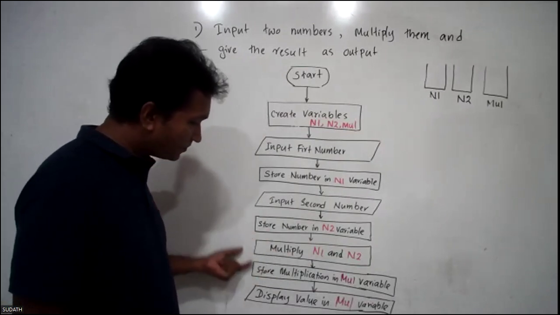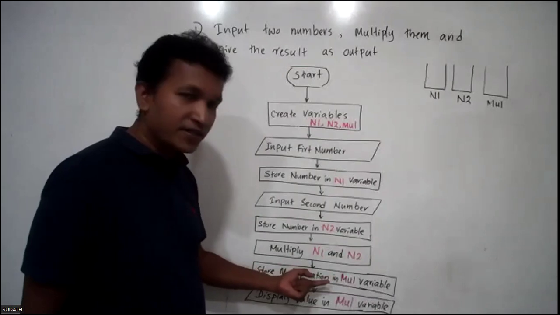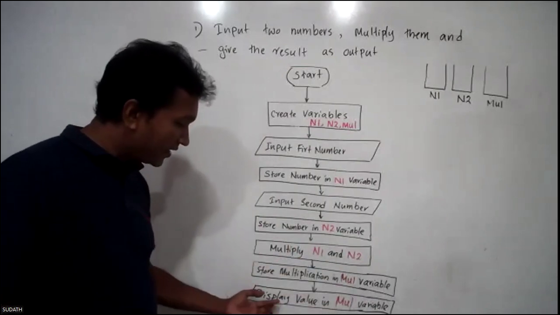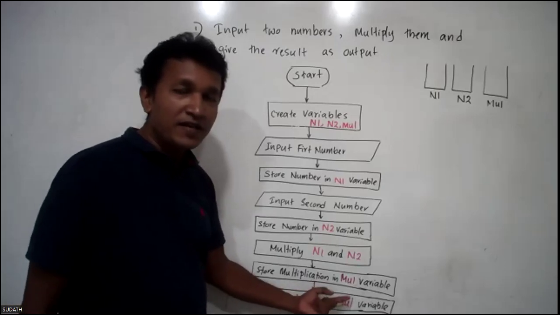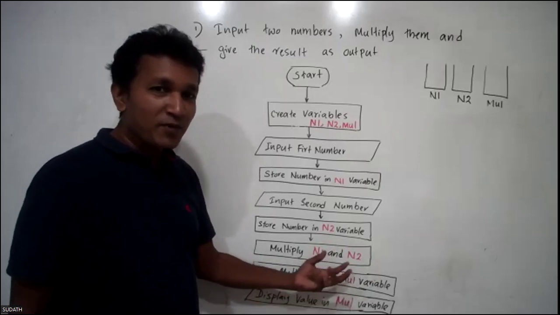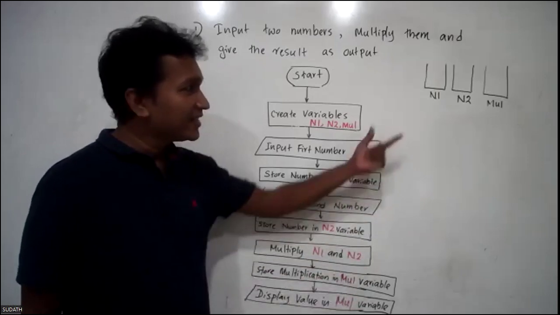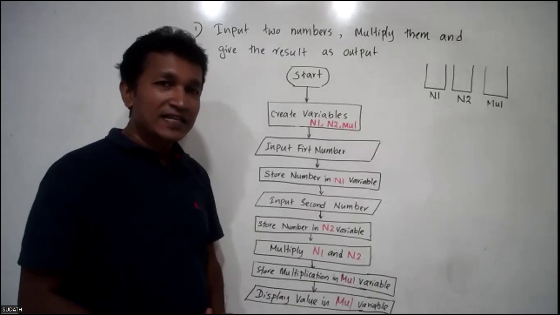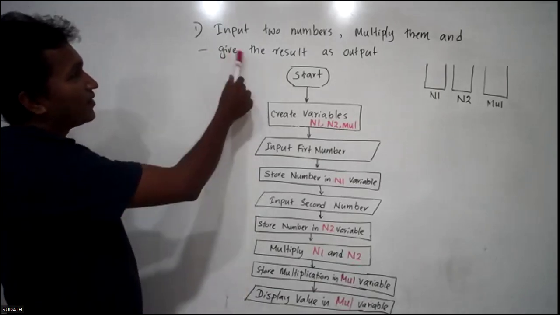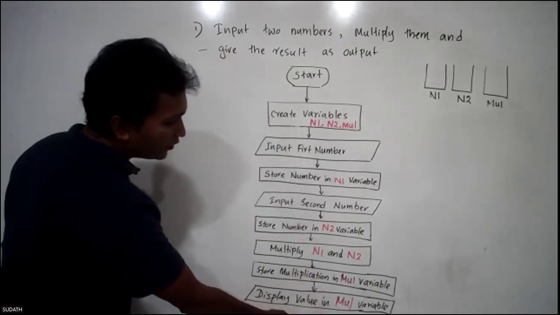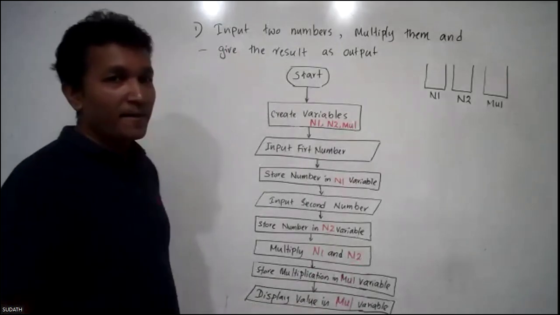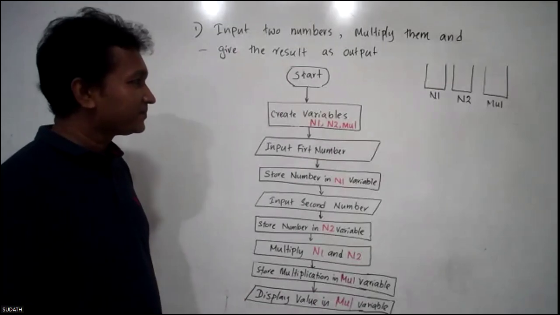Multiply them and store that multiplication value in the MUL variable. Then finally display the value in the MUL variable, the multiplication of those two numbers. Okay, write these things and finally write the end of the flowchart. Okay, sir.